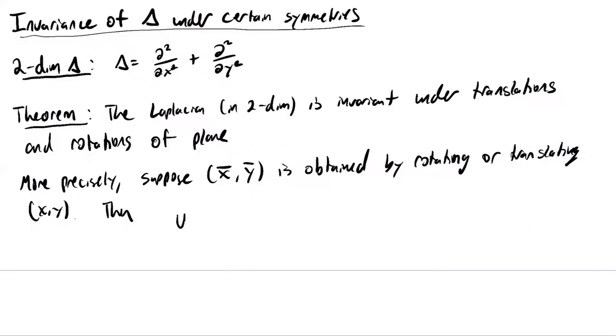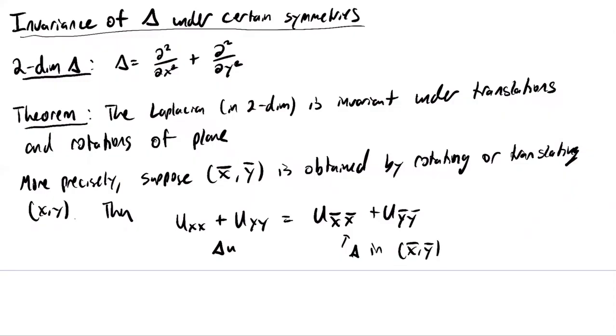Then if I take the second derivative with respect to x plus the second derivative with respect to y, well, this is the Laplacian in the usual coordinates. This is equal to the second derivative with respect to the new x bar plus the second derivative with respect to the new y bar of my function. Right, so this is the Laplacian in x bar, y bar coordinates.